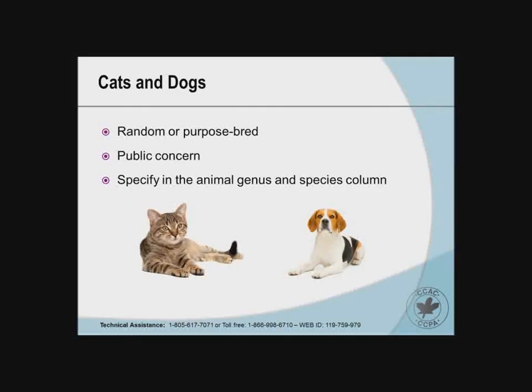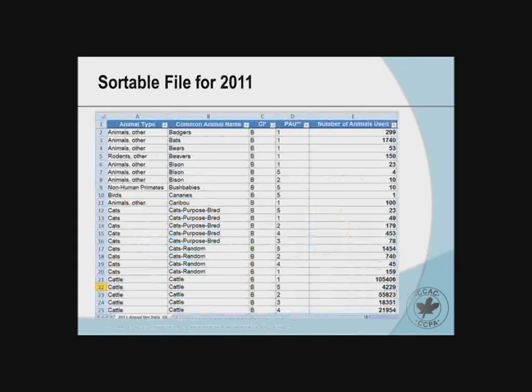It needs to be specified on the animal use data form whether the animals were acquired from a random source, in other words, whether these animals were generally obtained from pounds or humane societies, or were the animals of students or clients, or whether these animals were purpose bred, in other words, bred specifically for research, teaching and testing, either by a commercial supplier or within your own or another institution. And this information should be specified in the species column where there's a drop-down menu.